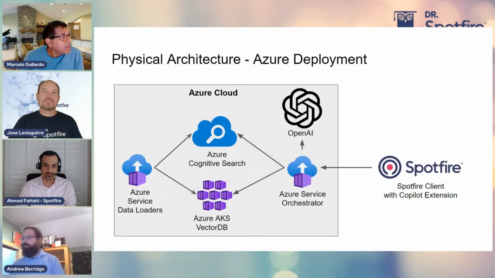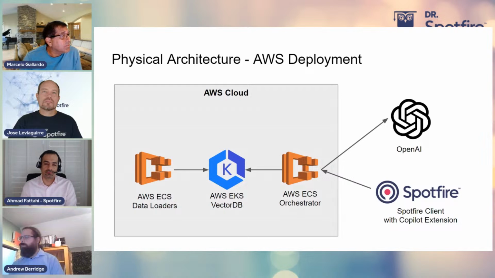The next slide shows a similar example, but this deployment is on AWS Cloud. Again, the orchestrator and the data loaders are deployed on AWS Elastic Container Service. And also the Vector DB, again, we are using AWS Elastic Kubernetes Service.